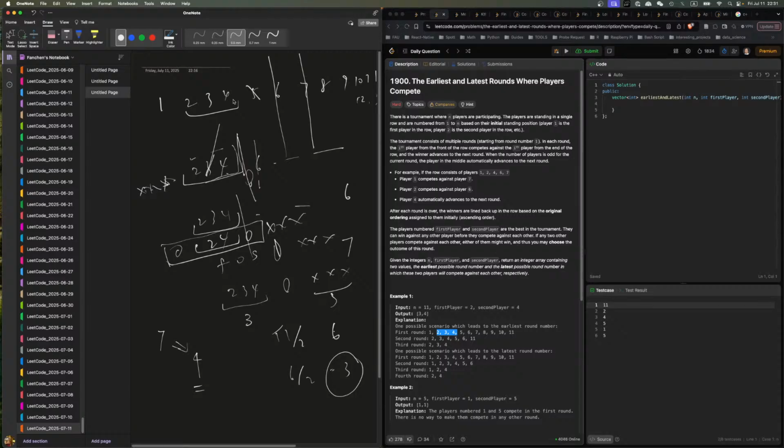Because you keep dividing, it doesn't matter. Like if it's a 4, right? That's essentially a 2, right? If it's a 4, it's giving me a 2. 5.